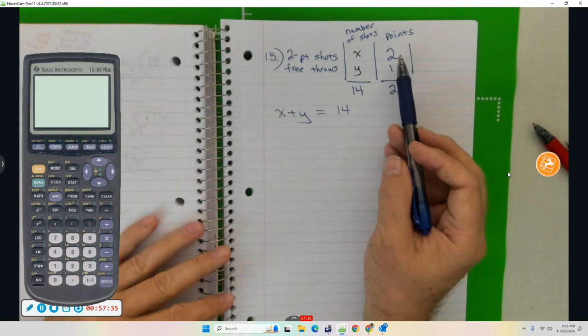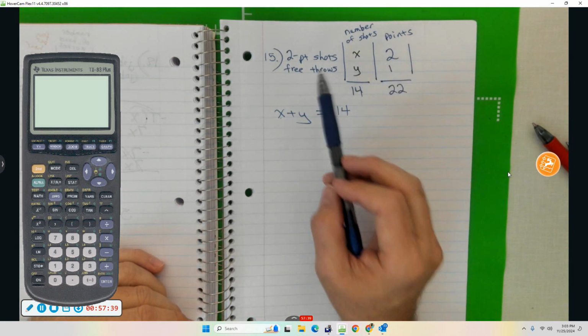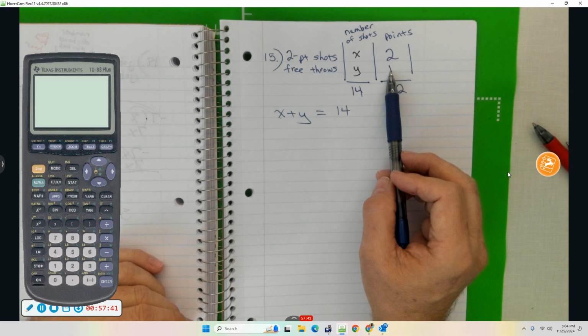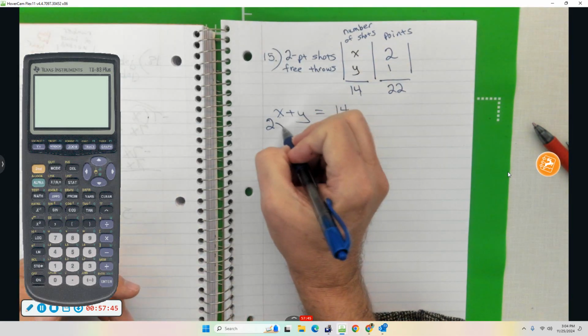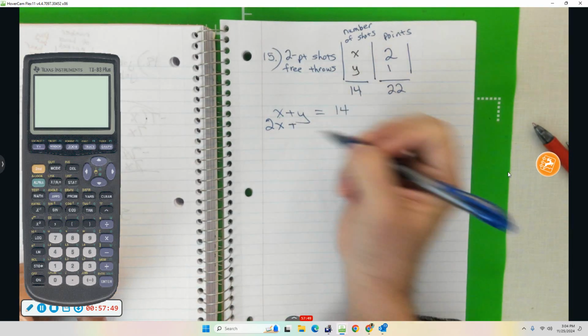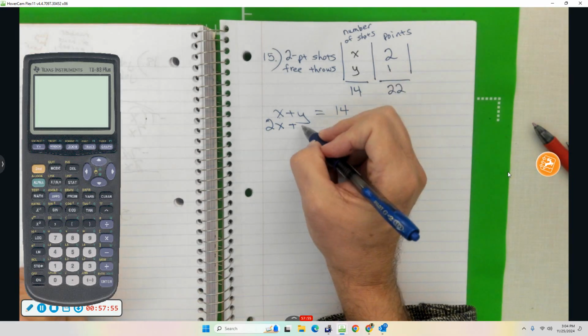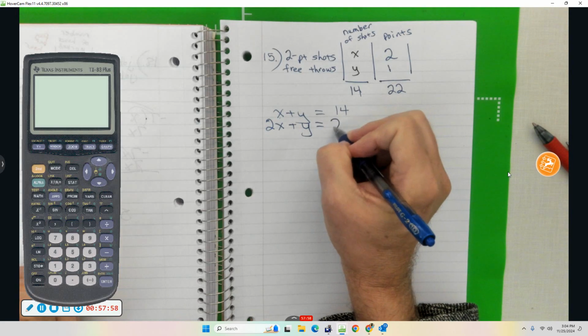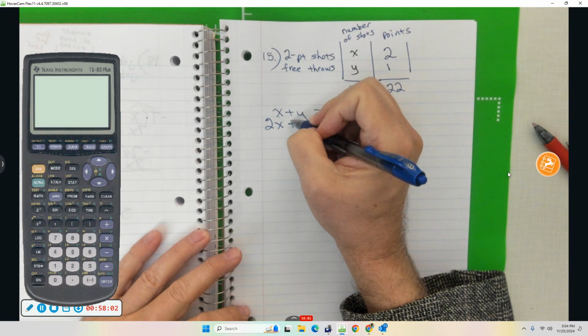Okay, so the 2-point shots were worth 2 points each. The free throws were worth 1 point each. So 2 times X, that's all the points she got from those 2-point shots, plus points per shot times the number of shots, 1 times Y, that's just Y, is equal to 22. And that's a plus right there.